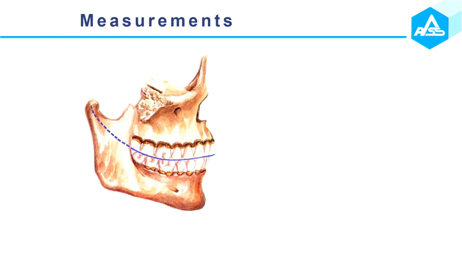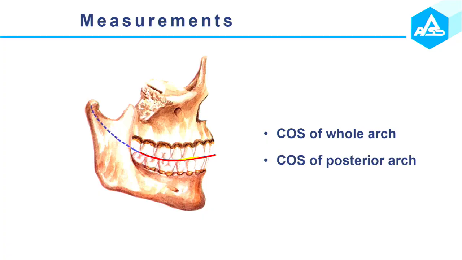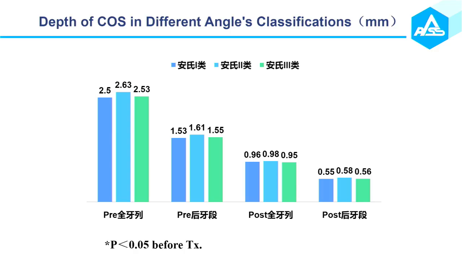She measured the curve of Spee of the whole arch from incisor to the second molar, and the curve of Spee of the posterior arch from canine to second molar. And this is the result.